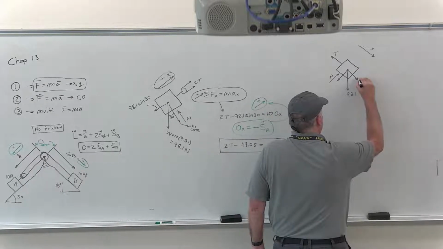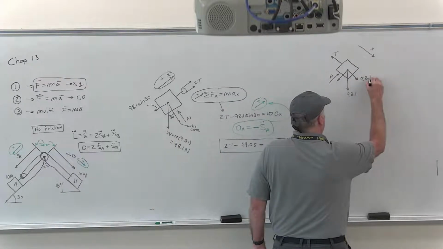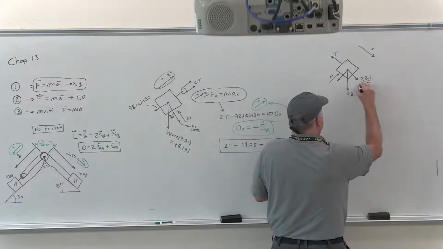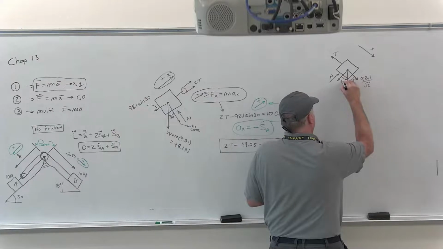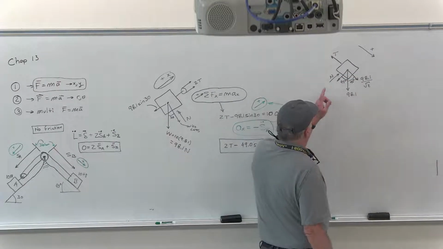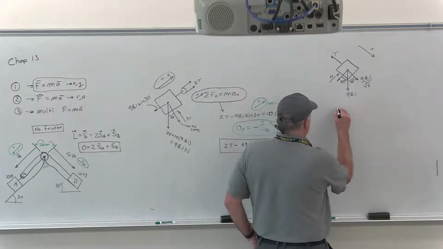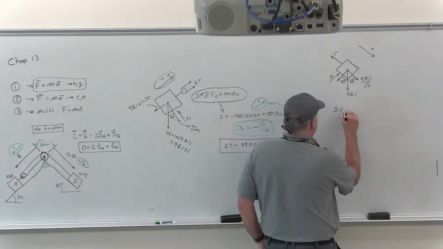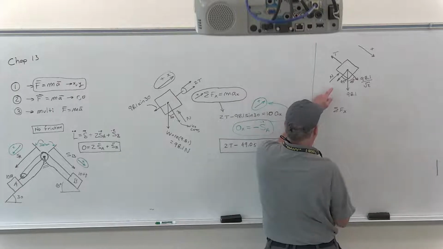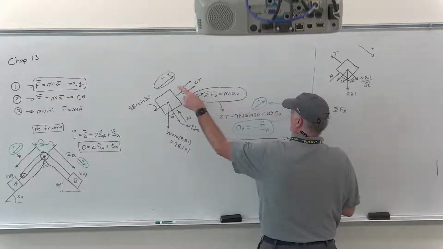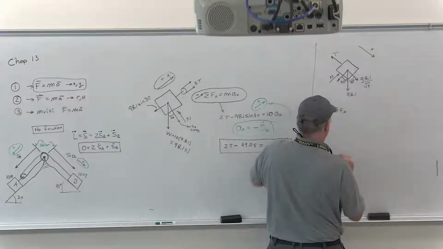And this one's going to be 98.1 over square root of 2 because that's 45 degrees, and that's 45 degrees. So now I'll sum the forces in the x direction, x being associated with this problem, whereas that's a different x, this is a different x as well.